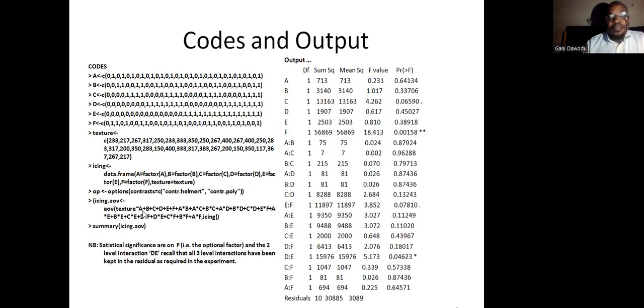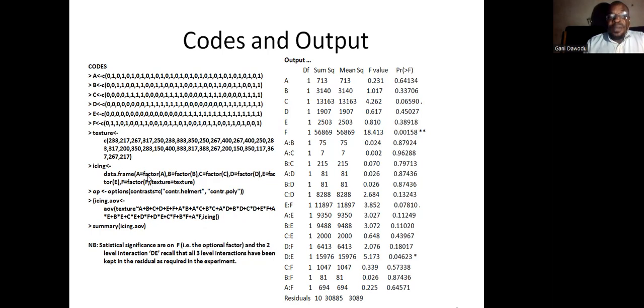Now, something that will take care of the 2 level interactions and tell R that 3 level interactions should go to error is this. In the model, see, the main effects, then 2 level interactions. Obviously, you have to do 6 combination 2 to know the number of 2 level interactions that are in there. And those are the ones that you are going to supply to R here. Otherwise, it will do something else.